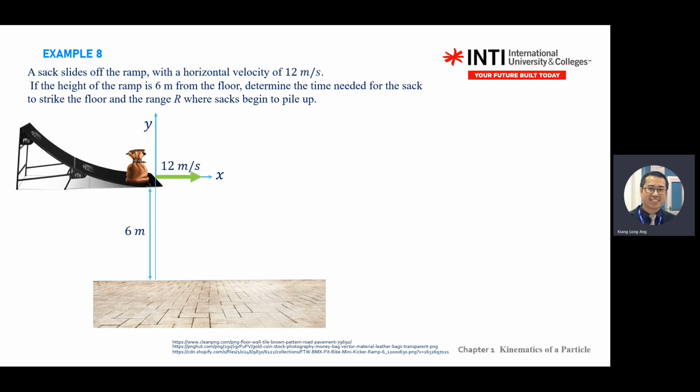You also need to find the range where the sack began to pile up, which is the distance where this one will pile up. So in this case, this sack will fall like this. It will not fall like this.